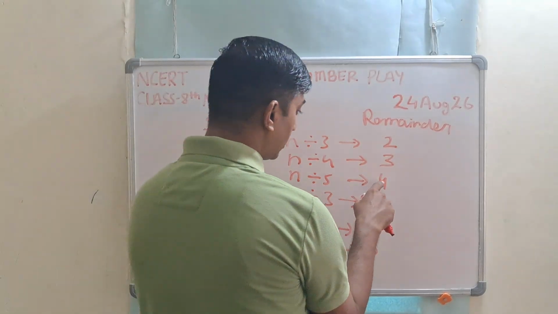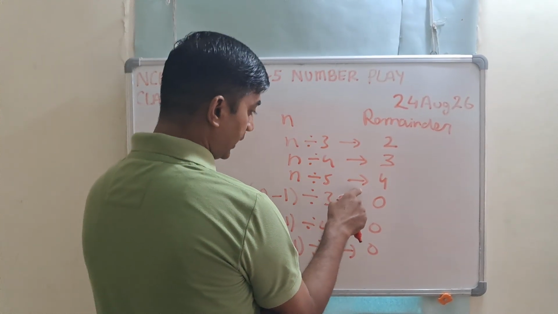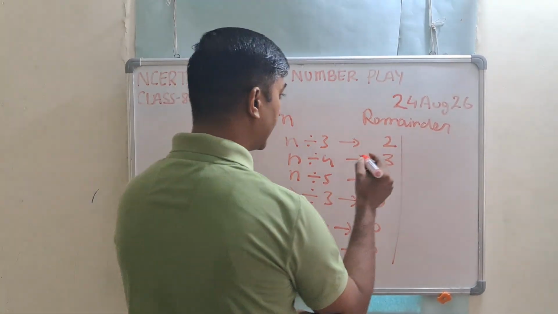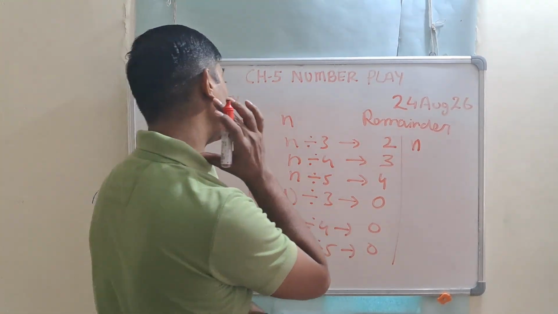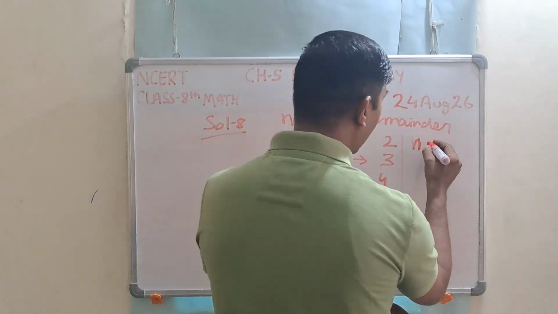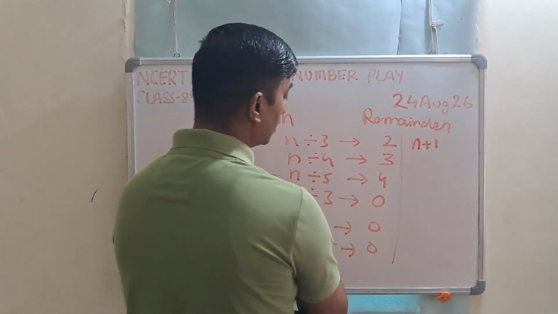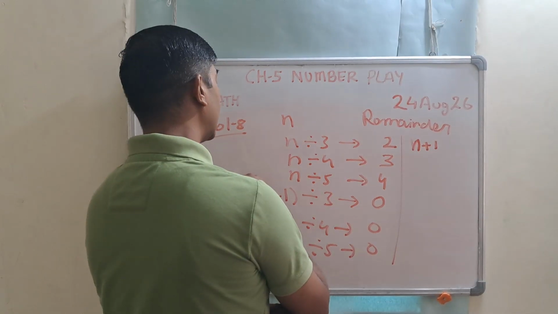We have to subtract 1. Understood? We have two options. If this number when divided by 3 gives you remainder 2, either you subtract 1, or you add 1.